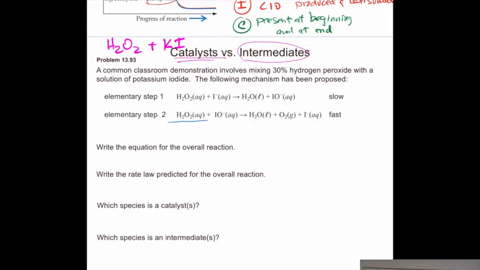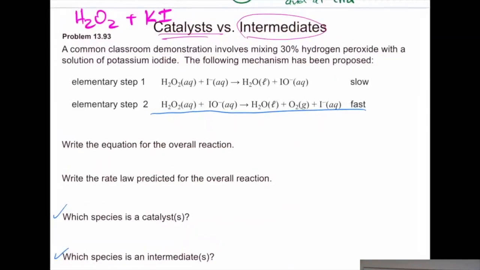And so let's add these two together, and in doing this, let's identify what's the catalyst and what's the intermediate, and how do you know? Let's do the intermediate first. Which one's an intermediate, and how do you know? IO minus is an intermediate.